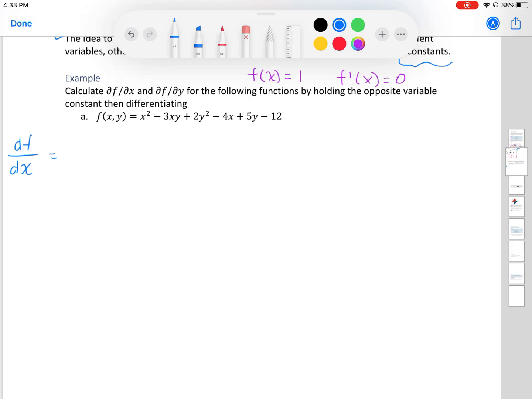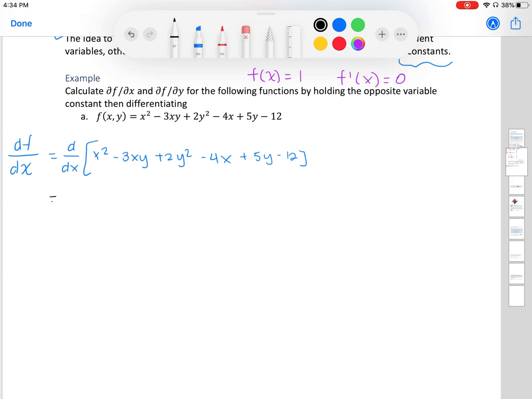F of xy equals x squared minus 3xy plus 2y squared minus 4x plus 5y minus 12. Okay, so we want to take the derivative of this function. So d dx, and let's write down our function. X squared minus 3xy plus 2y squared minus 4x plus 5y minus 12.